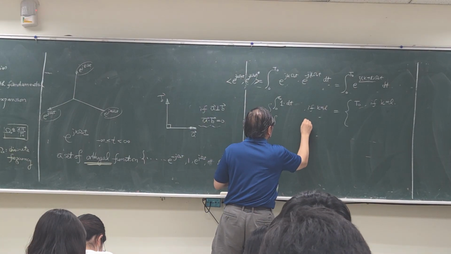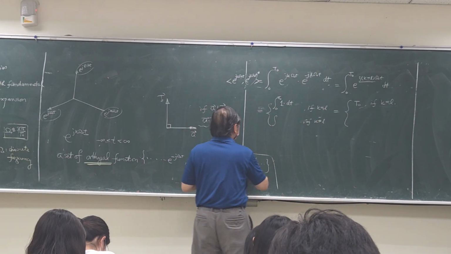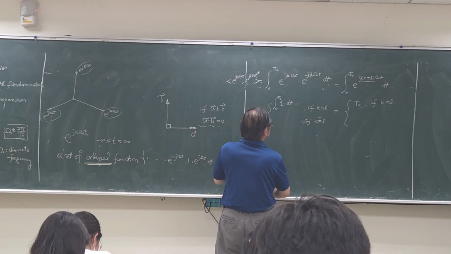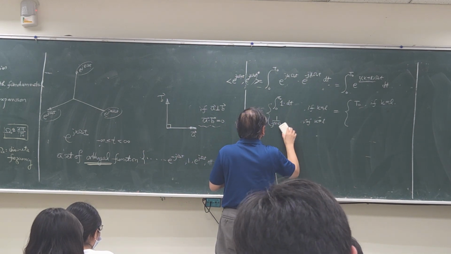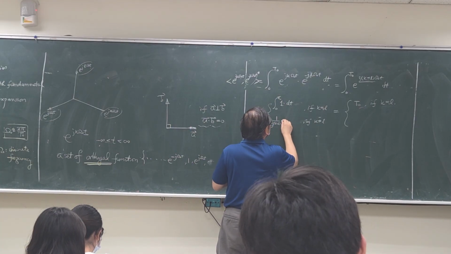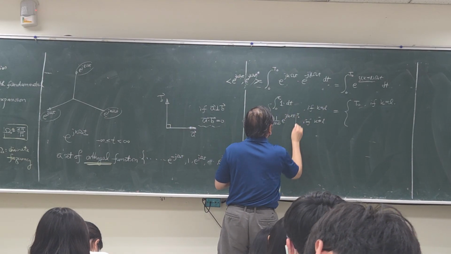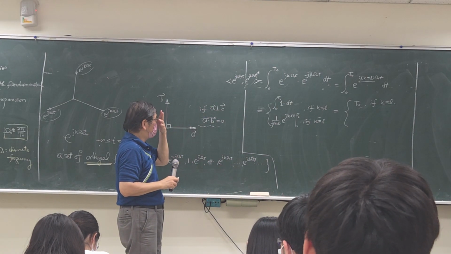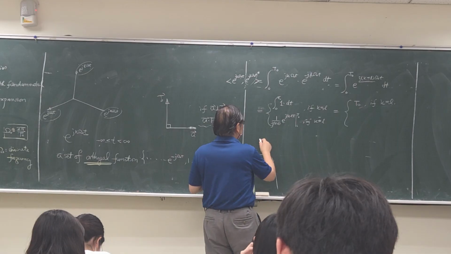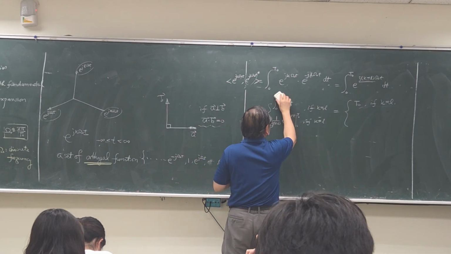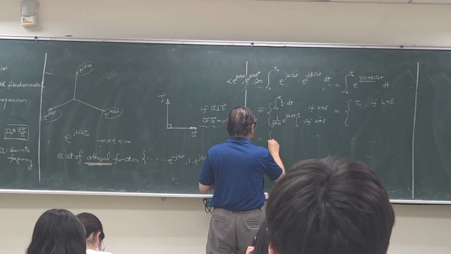Now, if k is not equal to l, then this is equal to the exponential divided by j(k minus l) omega 0. The first one becomes T0.